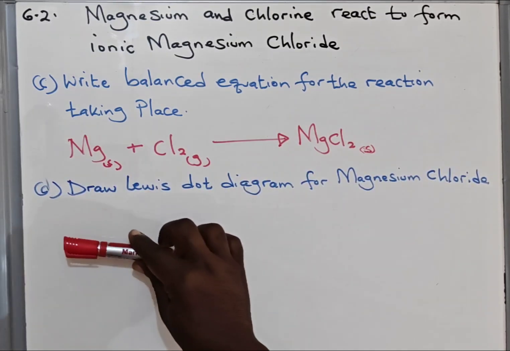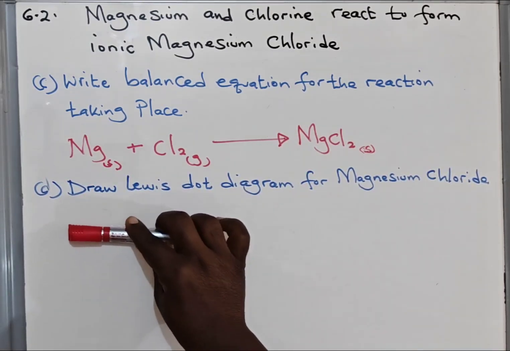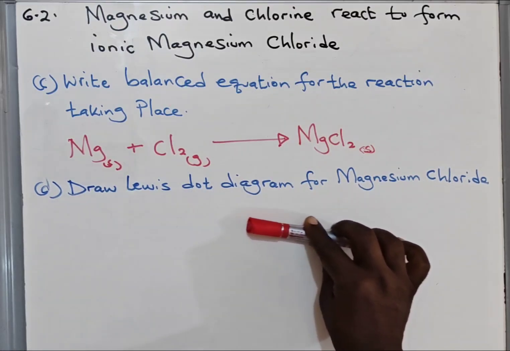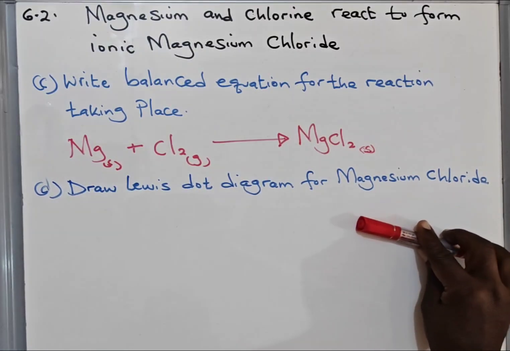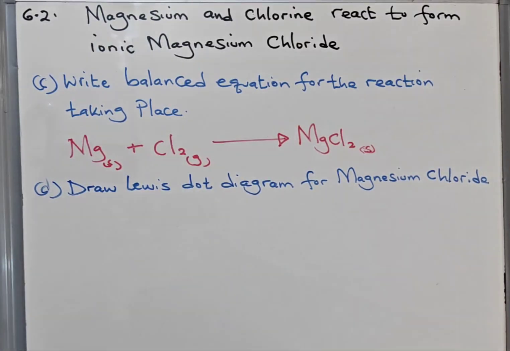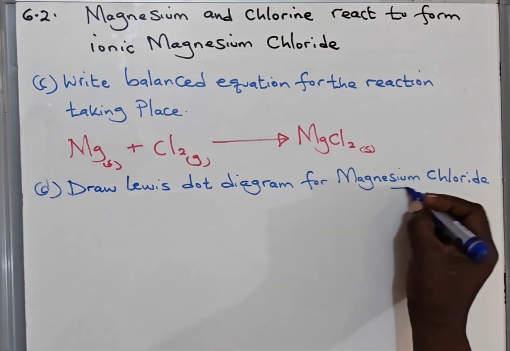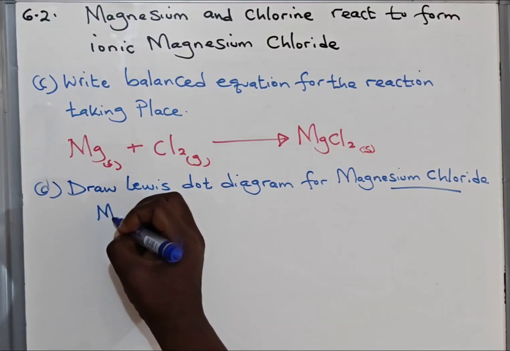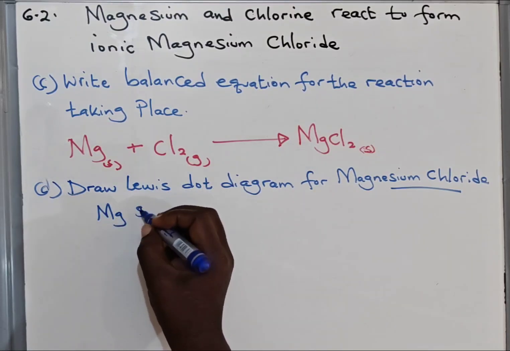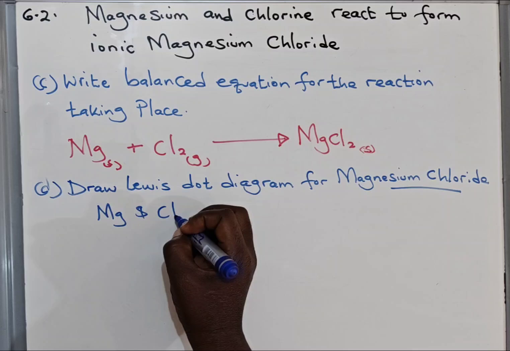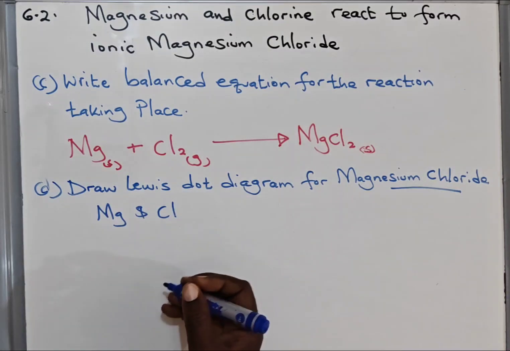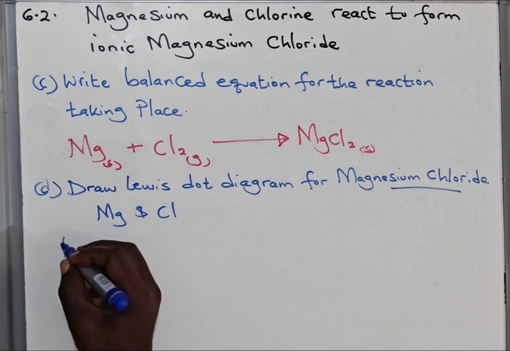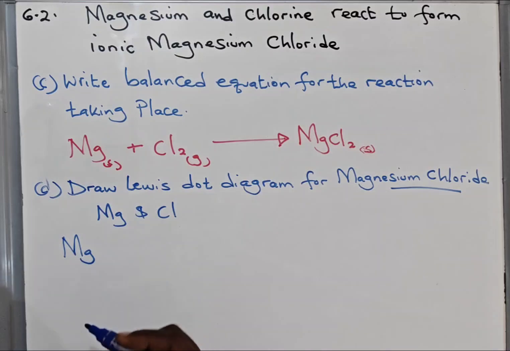Then we come to this one. It says draw the Lewis dot diagram for magnesium chloride. You need to know that magnesium chloride is made up of two elements, magnesium and chlorine. If you look at magnesium first, magnesium belongs to group 2.